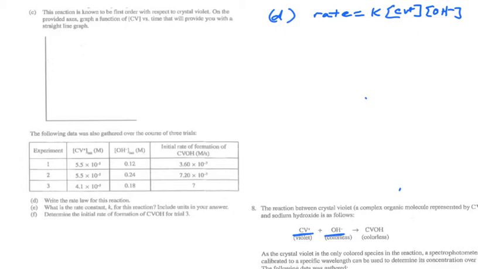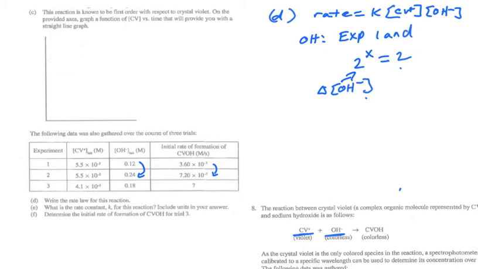So let's do OH first. OH looks like it's doubling right there, and from there to there, it looks like it's doubling as well. So for OH, if we compare experiments 1 and 2, then 2 to the x equals 2, where we label this as the change in concentration of OH, and that is the change in rate.